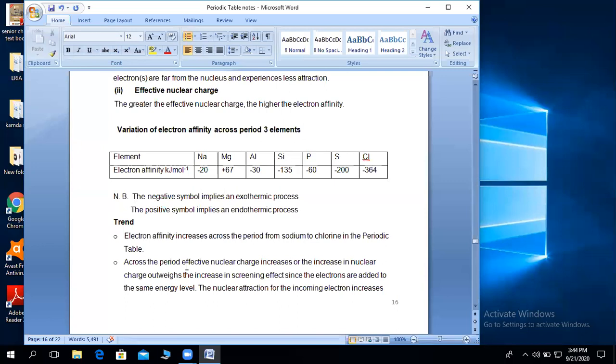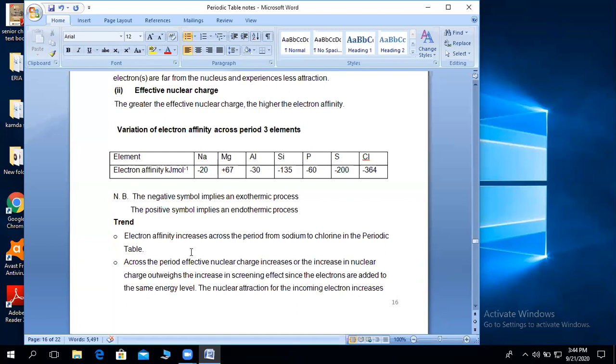So what happens when an extra electron is added? It experiences greater nuclear attraction, because I told you the nucleus is interested in what? In electrons. So when an extra electron is added to the already existing energy level, the nuclear attraction increases and it outweighs, or becomes greater than, the screening effect.